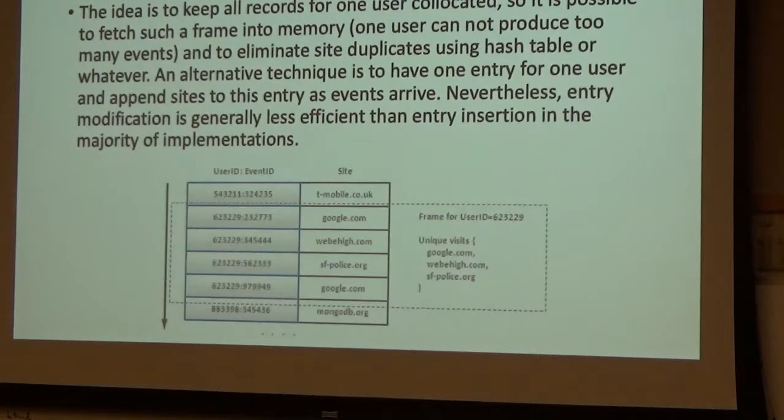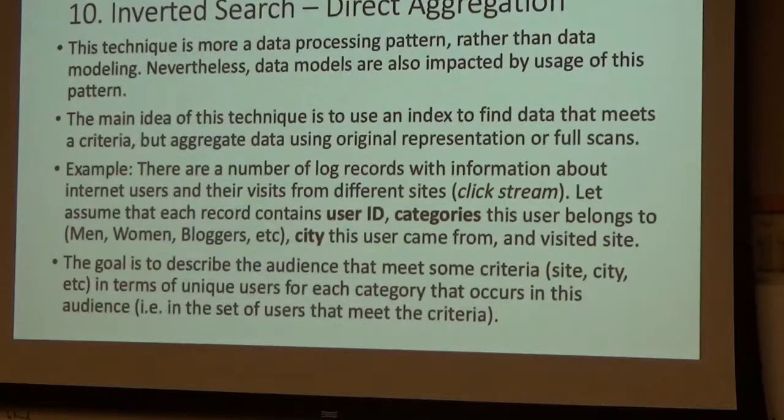So we have seen the aggregation before. So for a user ID, we have a number of sites for the event, a number of events. So this is the extension of using composite key for aggregation. So then we can have a document data structure.